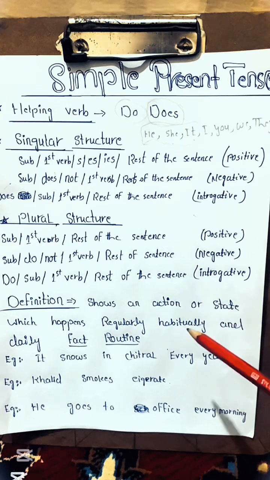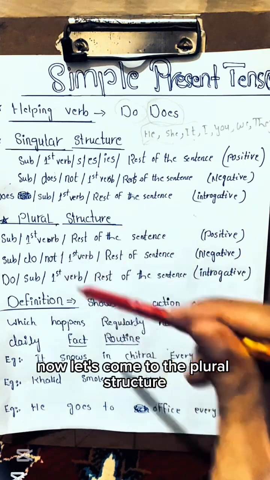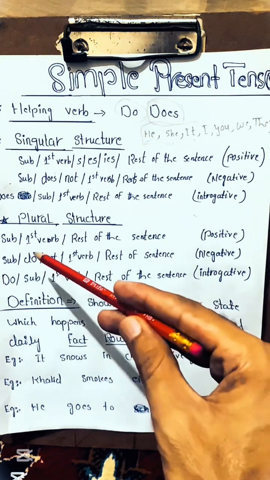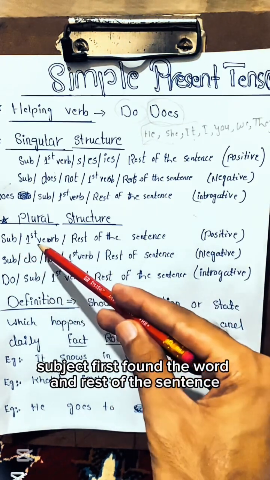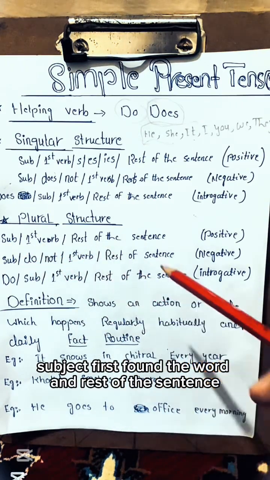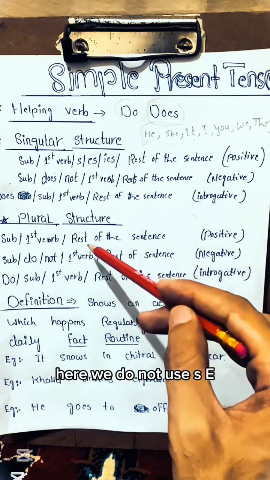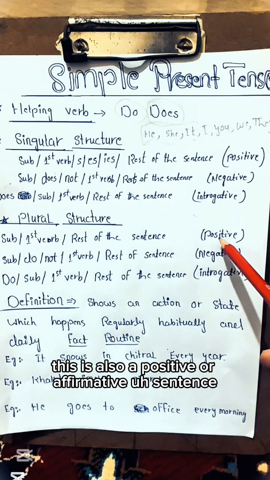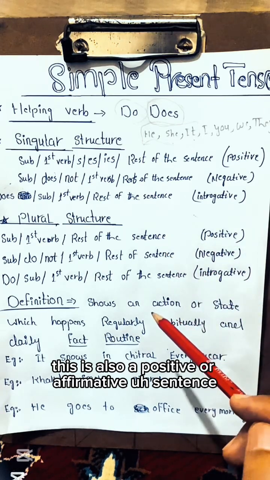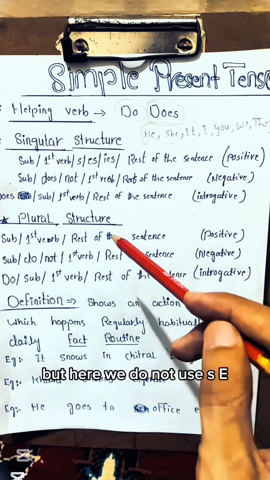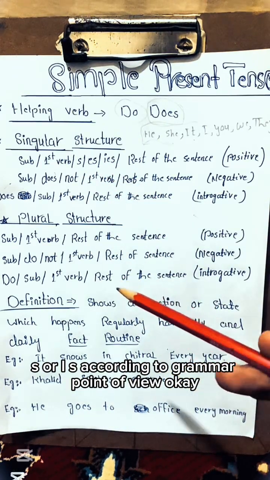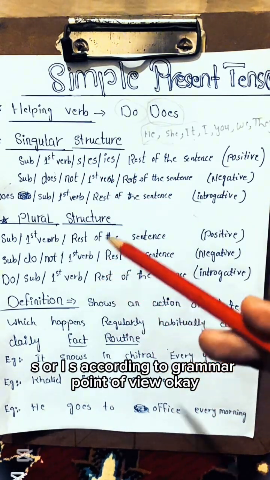Now let's come to the plural structure. What is the plural structure? Subject, first form of the verb and rest of the sentence. Here we do not use s, es or ies. This is also a positive or affirmative sentence, but here we do not use s, es or ies from a grammar point of view.